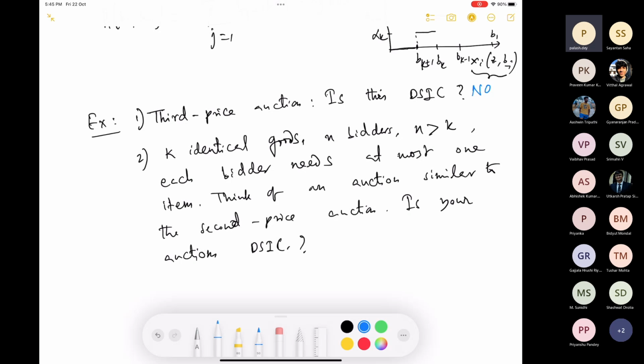One straightforward way to prove that this is not DSIC is to come up with a number of players and their bids, their valuations, and show that in this particular scenario, this particular bidder is better off not bidding his or her true valuation.